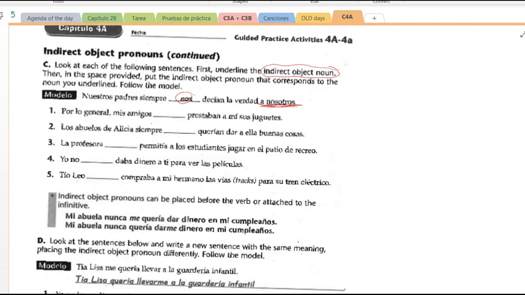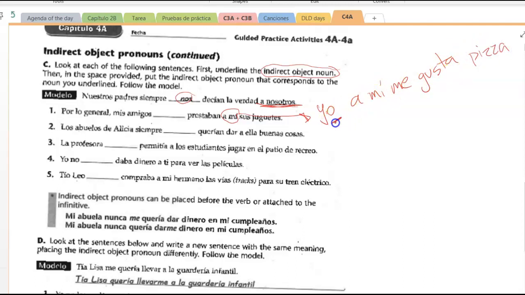Let's do number 1. Por lo general, mis amigos prestaban a mí sus juguetes. Who's the indirect object noun? A mí. And that mí, remember, is the yo when you're doing indirect. Remember that we learned a mí me gusta pizza, for example.